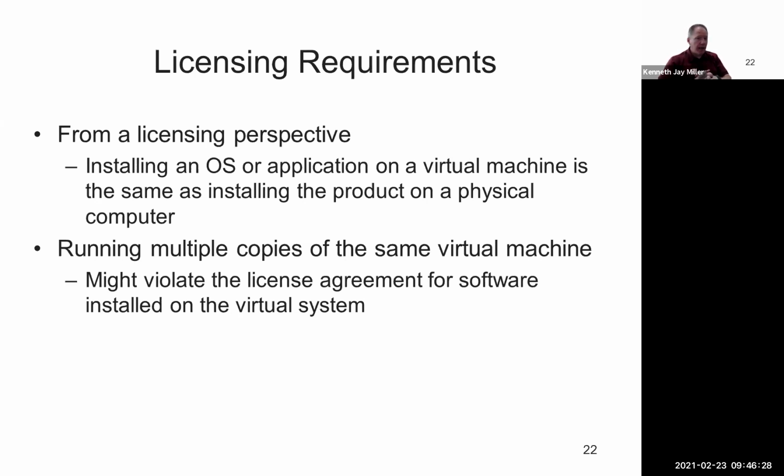Now, running multiple copies of the same virtual machine might violate the license agreement for software installed on the virtual system. Now, we're going to run smack dab into this problem when we install Hyper-V in the second half of the class. We're going to clone, using a parent and different child disk, using differencing disk, multiple servers on our system.